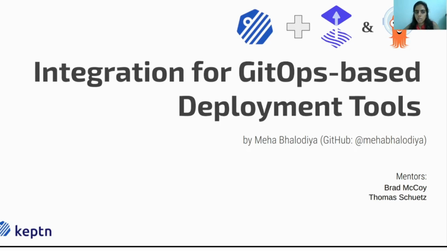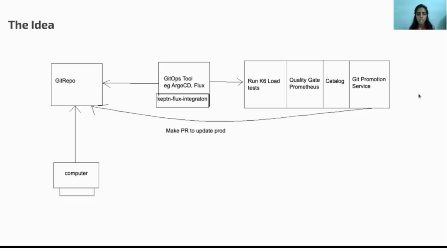It uses a declarative approach to automate the delivery and operations so they can be scaled up to a large number of services. As you can see in the picture, when a change is detected, the GitOps tool plays a role in notifying Keptn about that, and Keptn can trigger a deployment after approval or automatically.